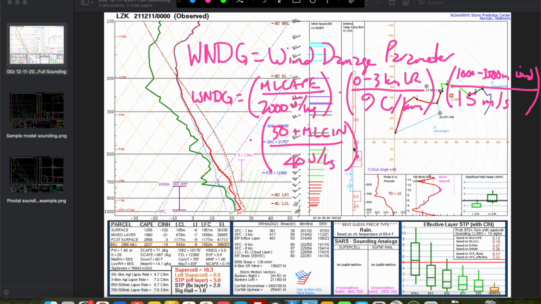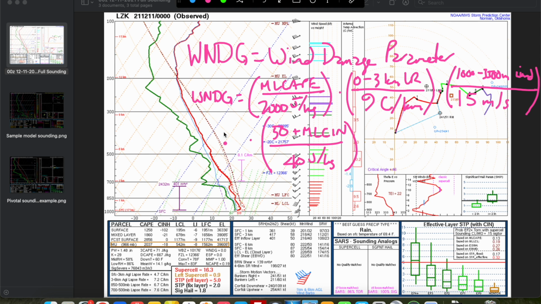So a very complicated formula, and one really that doesn't matter in the grand scheme of things. You can tell the potential for strong damaging outflow winds by looking at the sounding, looking at the distribution of the lapse rates, the moisture content in the upper levels of the atmosphere. This really is just mumbo jumbo.